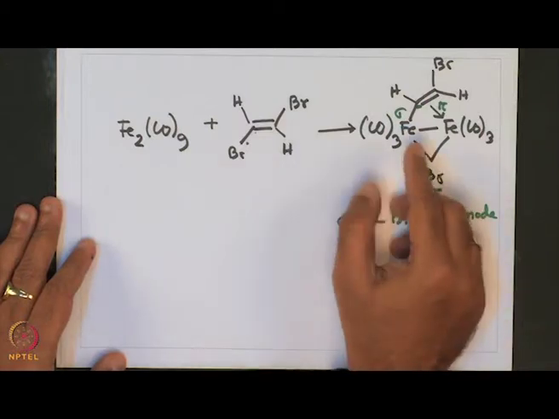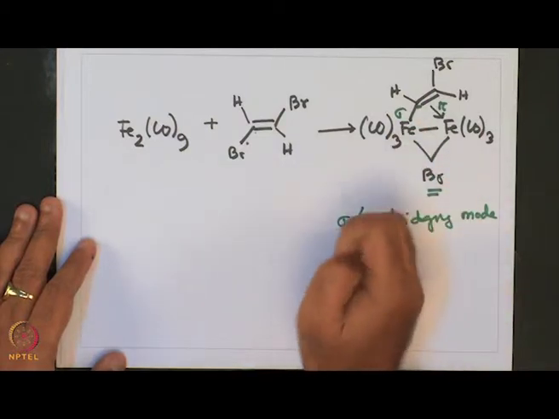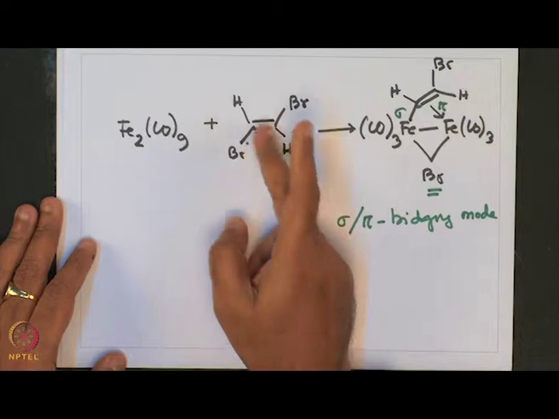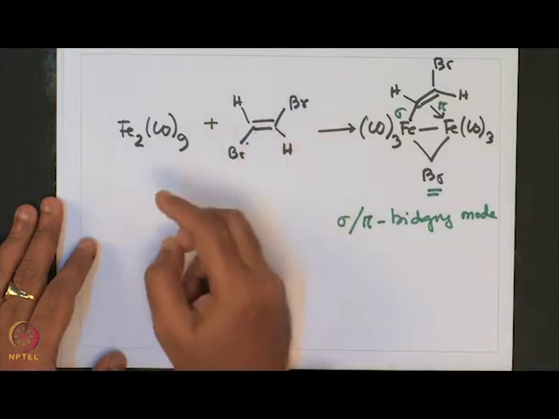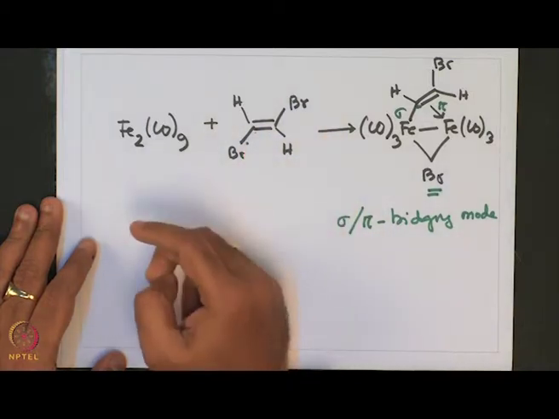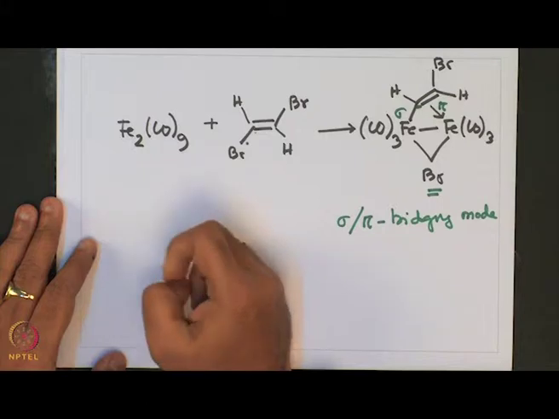From this perspective, this particular method of synthesizing iron or metal alkenyl complexes, where there is a C-Br activation occurring on a low valent iron complex, becomes useful.